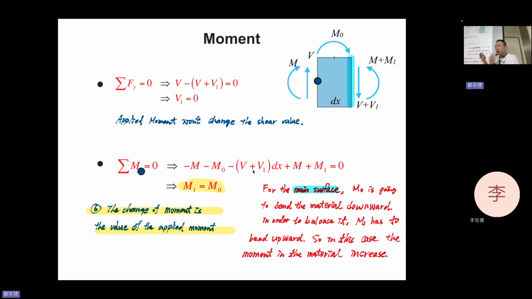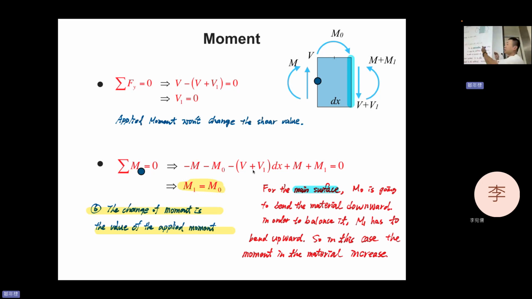Okay, so this is the question that you can ask yourself: when we apply M naught, what kind of direction will the M naught apply to the main surface? In this case, downward, right?